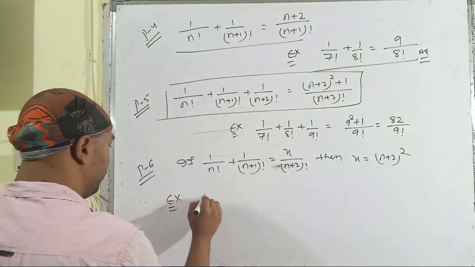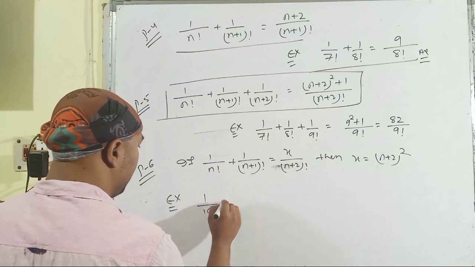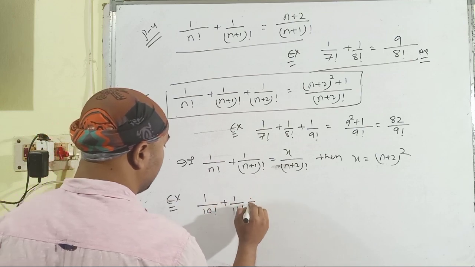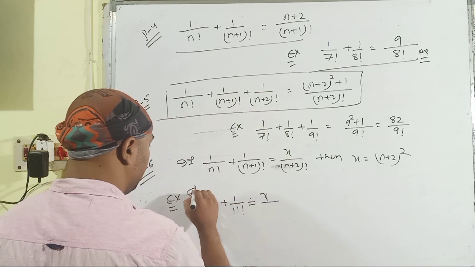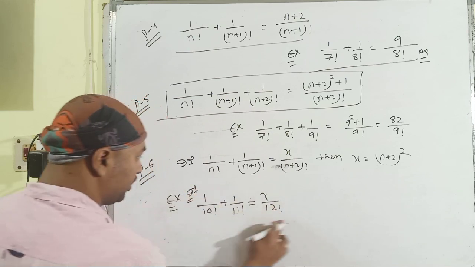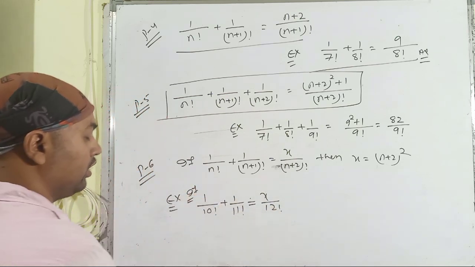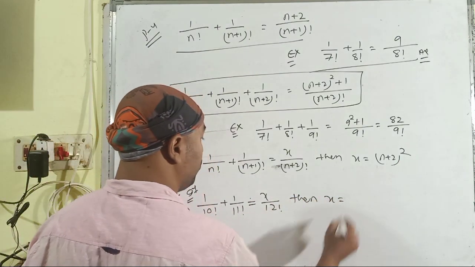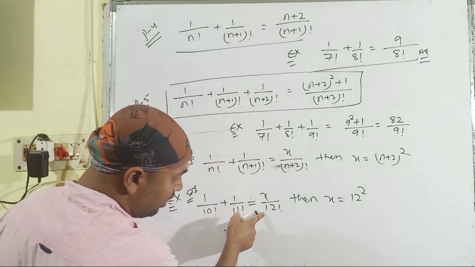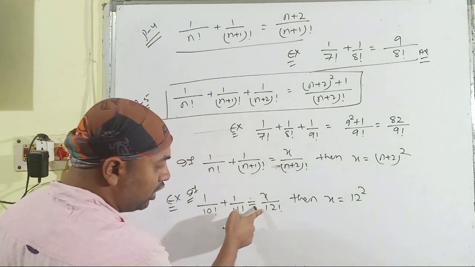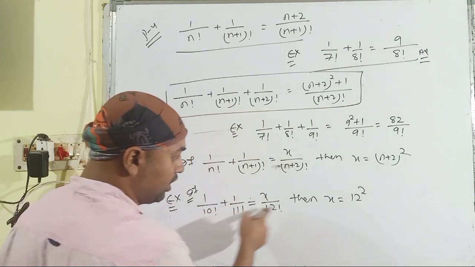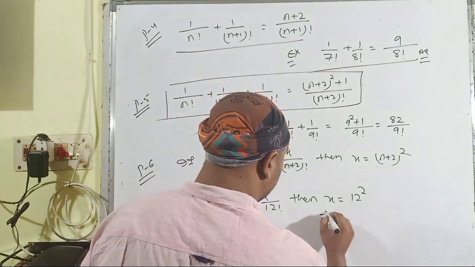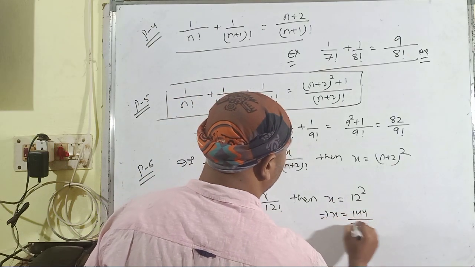Example, 1 upon 10 factorial plus 1 upon 11 factorial is equal to x upon 12 factorial. All of the three numbers are consecutive numbers. Then x is equal to 12 square. Just you have to find out the square of the number present in the denominator. That means x is equal to 12 square, and here x is equal to 144.